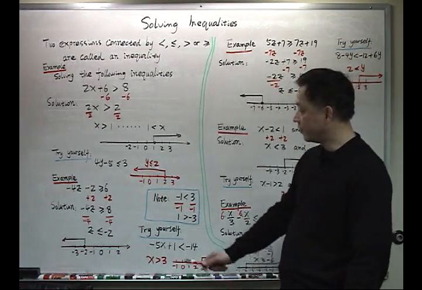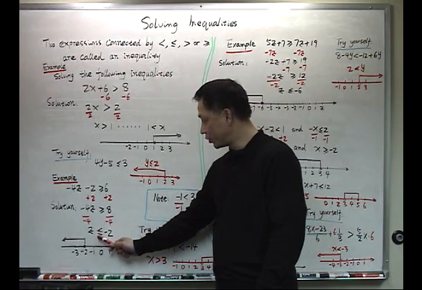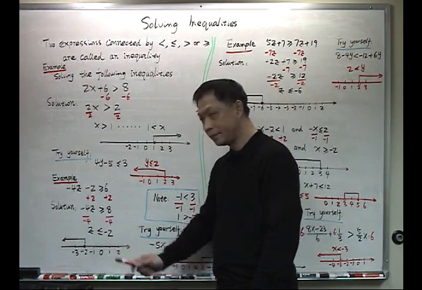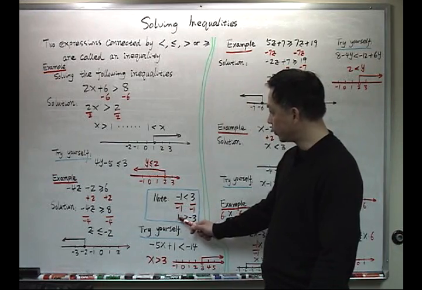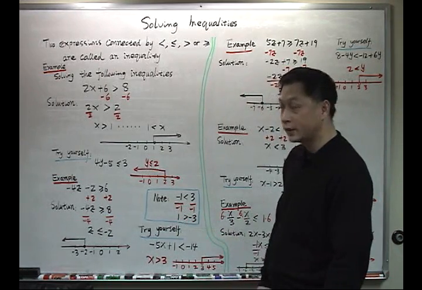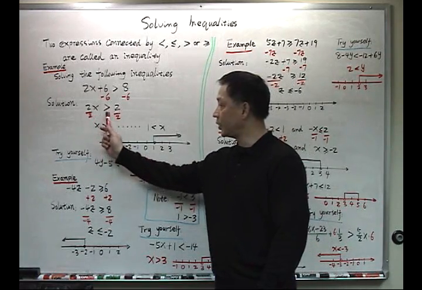Greater than must be switched to less than or equal to, and less than must be switched to greater than or equal to. If you divide by a positive number, you keep the direction.